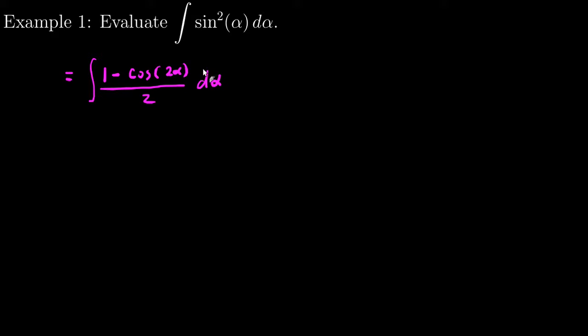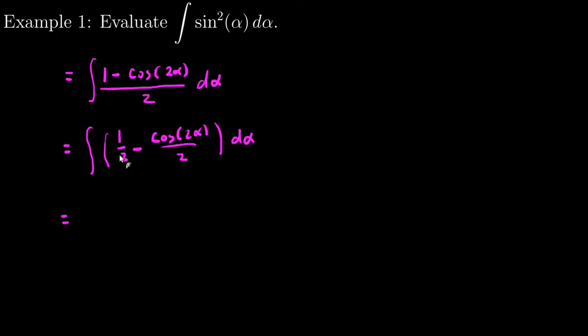Now, this is the only time in this video that I'm going to write them out like this here. I prefer looking at it as 1/2 minus cosine of 2 alpha over 2, because I'm going to have to take the antiderivative, and this is really easy to take the antiderivative of.